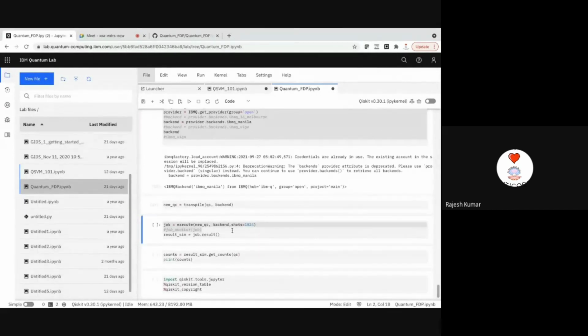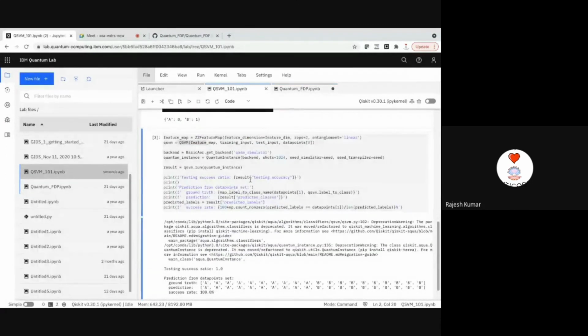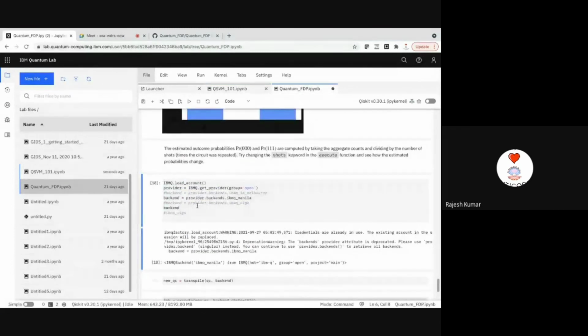Okay, so I want to give this to you as probably homework. If you have any doubt, you can reach out to me for your hackathon requirement, right? So two different programs. One runs on the simulator for the QML, and this one is how you will run that same thing on the IBM quantum computer. This is the only cell you have to add.